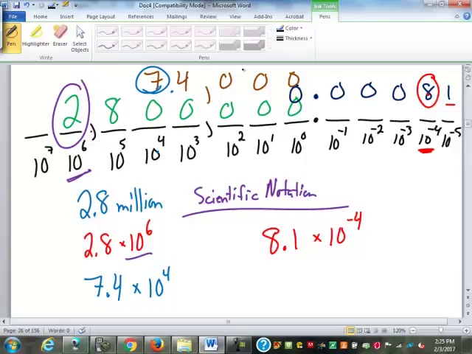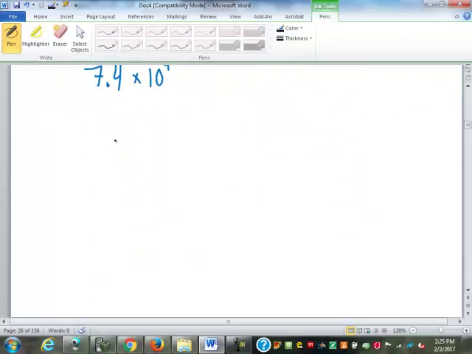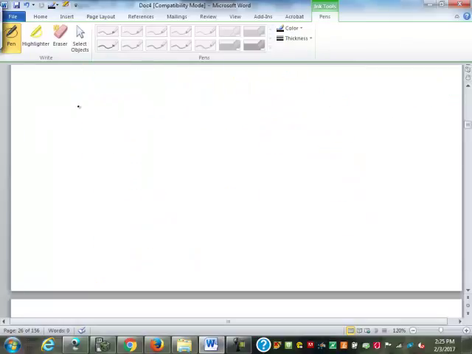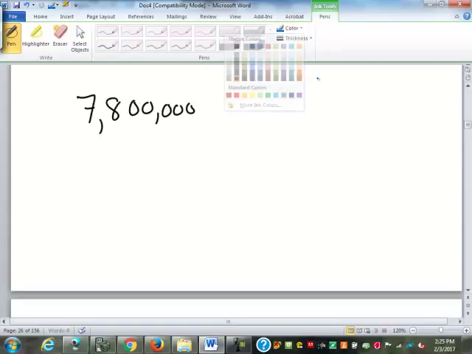Now, this is the formal way of converting numbers into scientific notation. Now, we were all taught shortcuts for doing that. And that shortcut looked like this. You know, 7,800,000, rather than saying that 7 is in the 10 to the 6th place, what we were taught to do is this. We want to put the decimal point after the first non-zero digit.